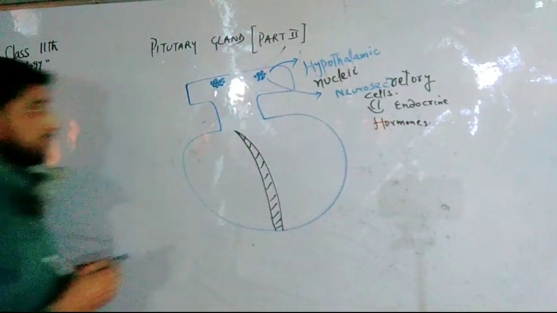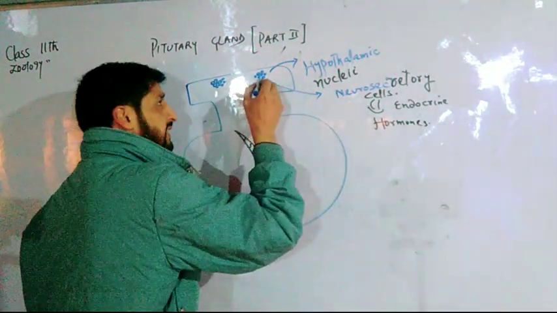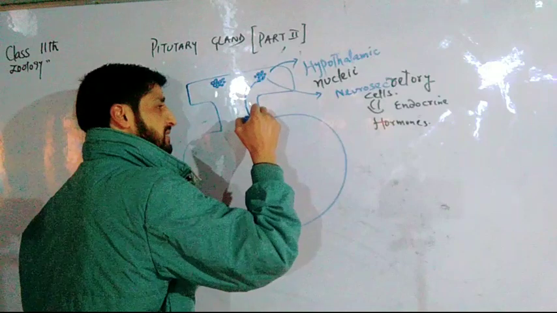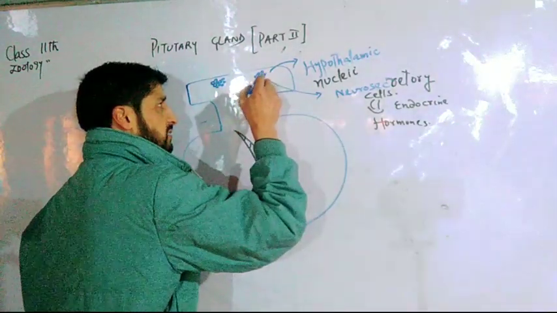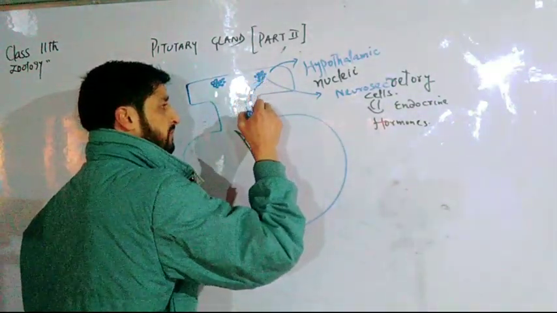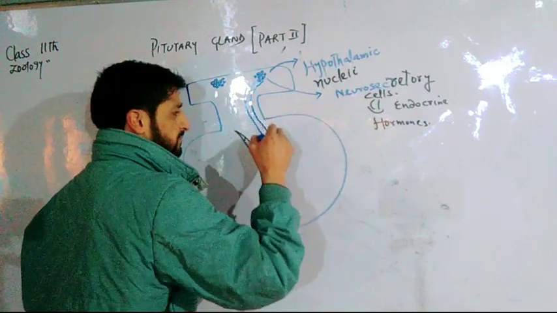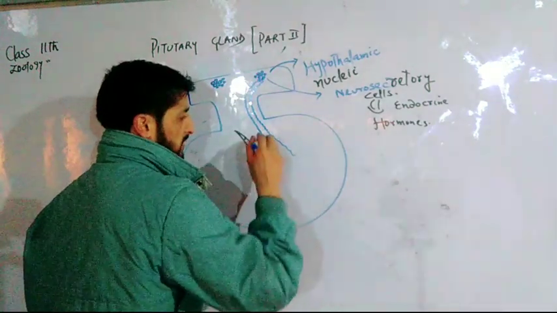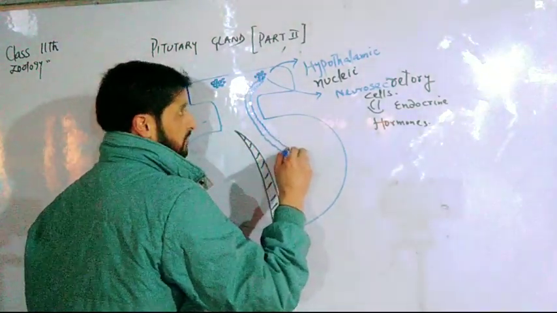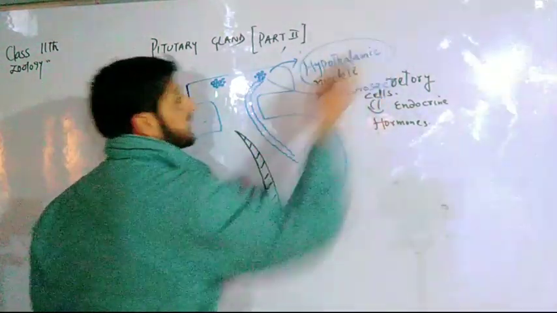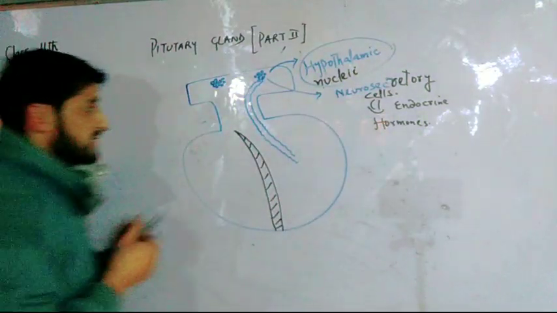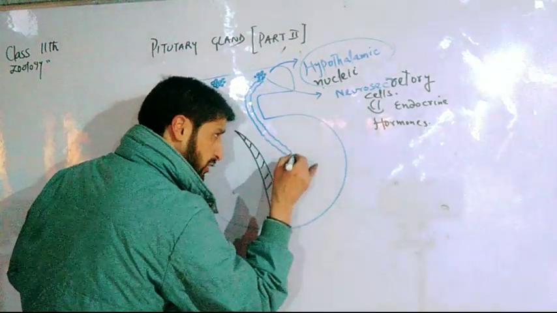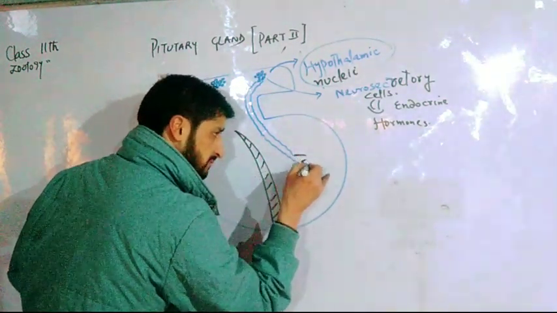Now, these neurons from the hypothalamus extend into the posterior lobe of the pituitary gland. These neurons that you call hypothalamic nuclei extend from the hypothalamus into the posterior lobe of your pituitary gland.